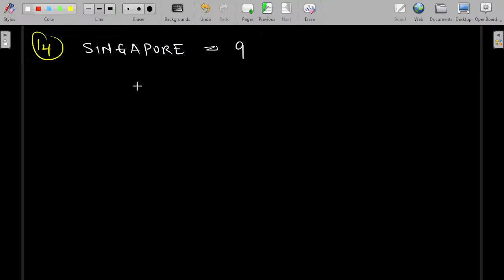Okay, so how many distinct 4-letter words can be formed from this? Now, if you notice, this particular word here, Singapore, also has distinct alphabets, and the number of alphabets here is 9. Just as I told you, for instance, if you have a 14-seater bus and 5 persons to arrange inside, how many ways can you arrange 5 persons inside the 14-seater bus?